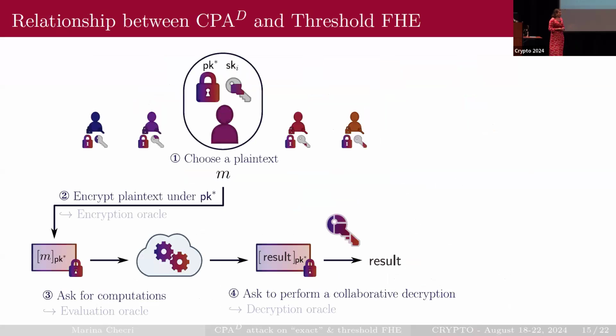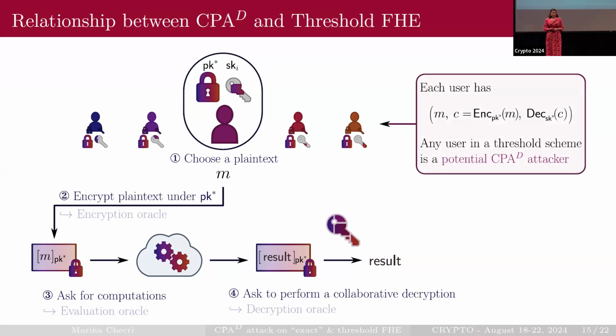And why is CPAD a natural context for threshold FHE? Because in threshold, a user can just pick a message M, encrypt it under the joint public key, ask the server to evaluate a function on it, and then ask all the other users to collaborate to decrypt the result.